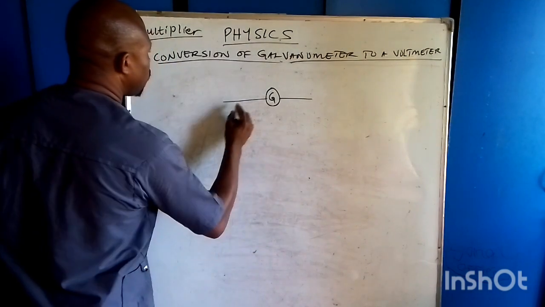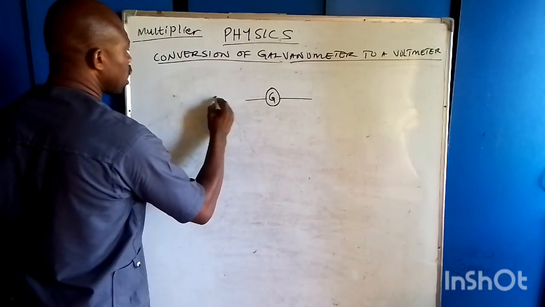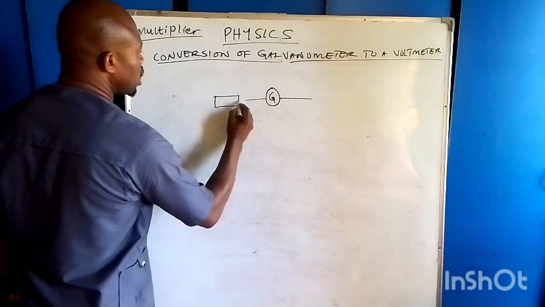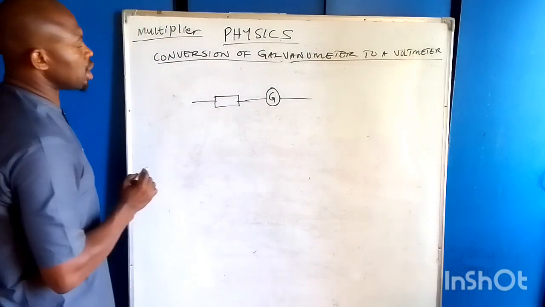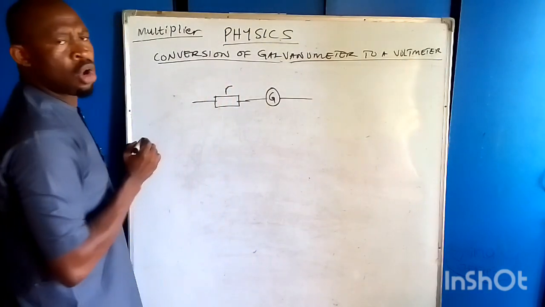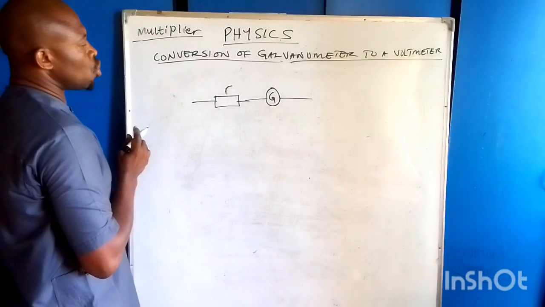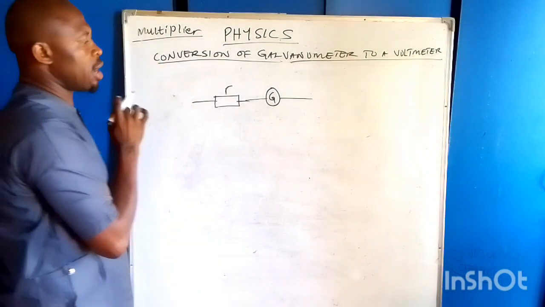So we have, this is our galvanometer. We can connect a resistor in series with it. Now remember, let us use small letter r to represent this multiplier.